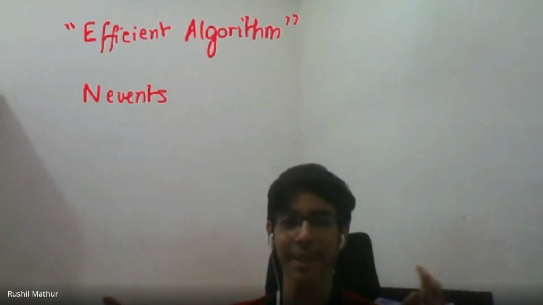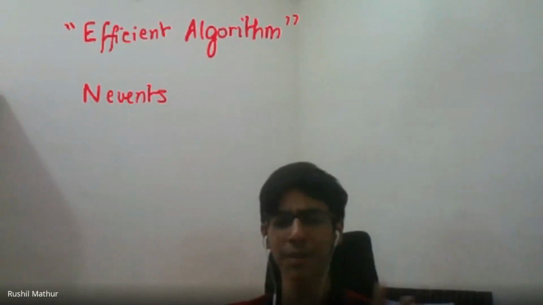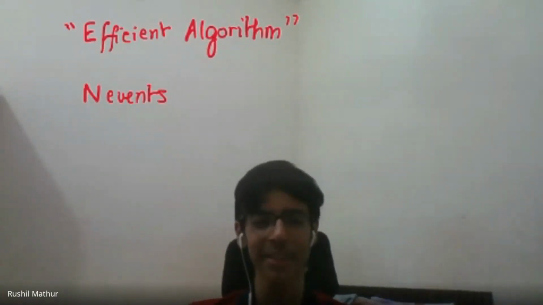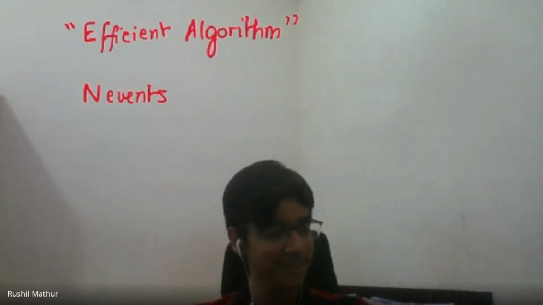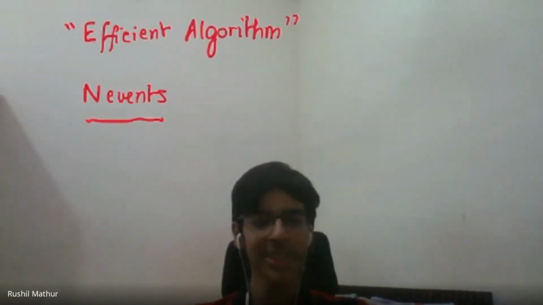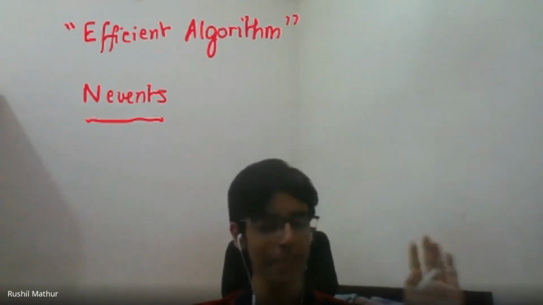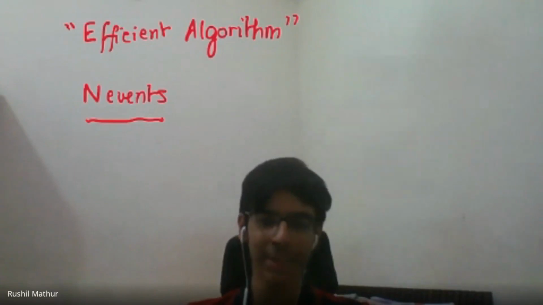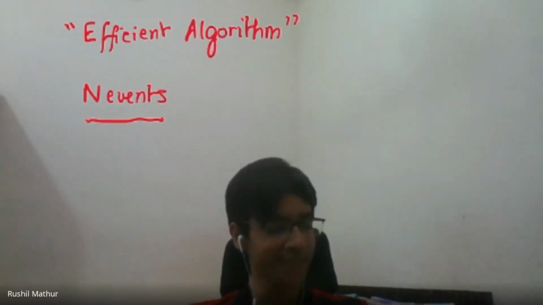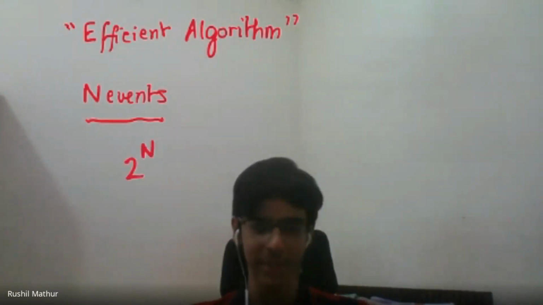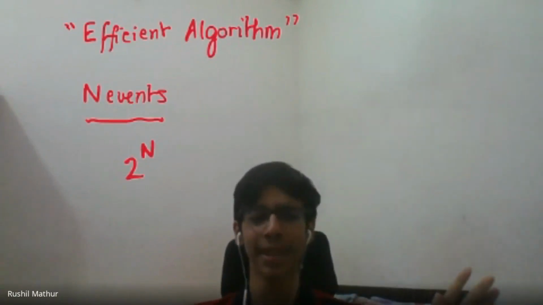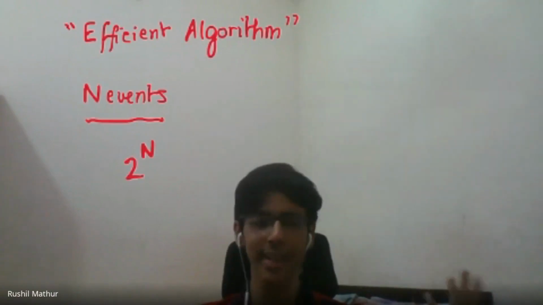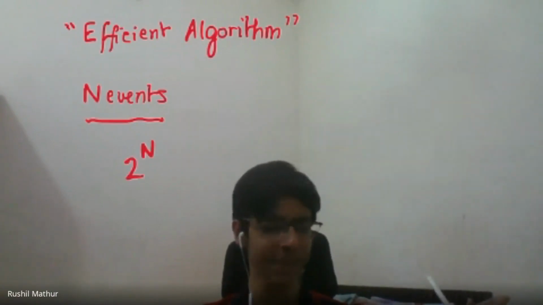What set of events should I take to satisfy certain criteria, and I want to maximize some value. What you could do is just try every possibility. There are 2 to the n possibilities because each event can be picked or not picked. For each possibility you figure out what the value is, and then you find the maximum across all of these possibilities.